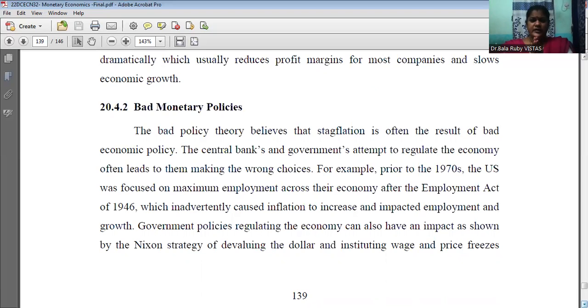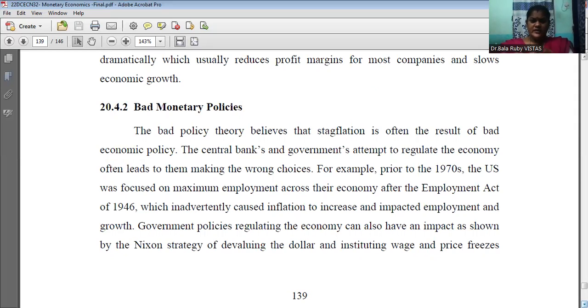For example, prior to the 1970s, the US was focused on maximum employment across its economy after the Employment Act of 1946, which inadvertently caused inflation to increase as well as impacted employment and growth.